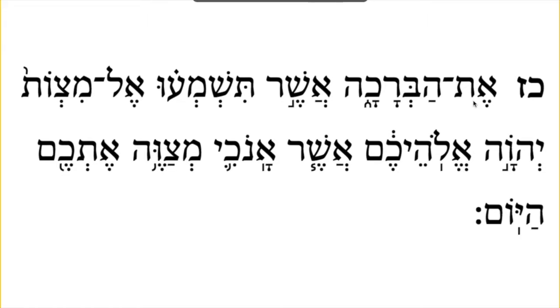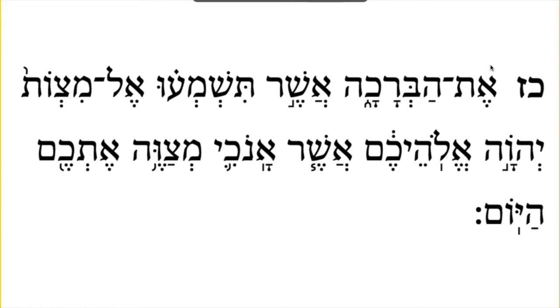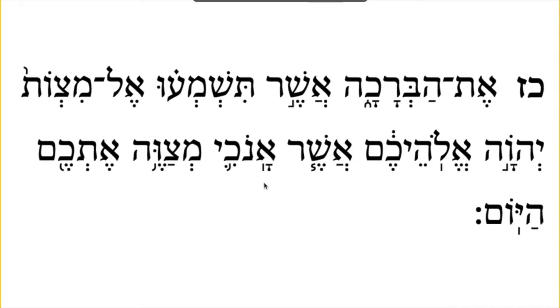Yeah, et. This is very easy. It's a direct object pointer, so it's a continuation of the previous verse, because it's got this direct object pointer. So it's referring to the verb here still, noten. I give to you a blessing. It's still talking about the blessing.